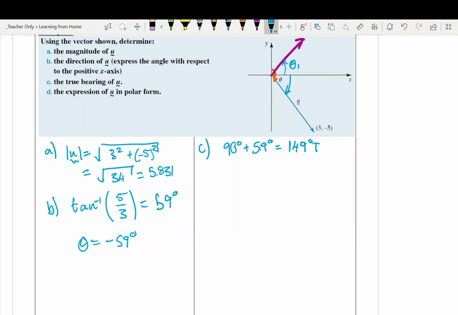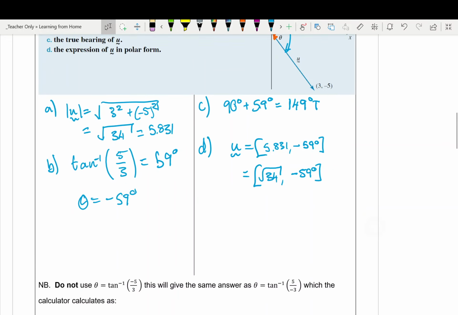Okay, and part D, express u in polar form. Well, u is equal to square brackets of r, which in this case is 5.831, and negative 59 degrees, or the other way you could write it is root 34, negative 59 degrees.